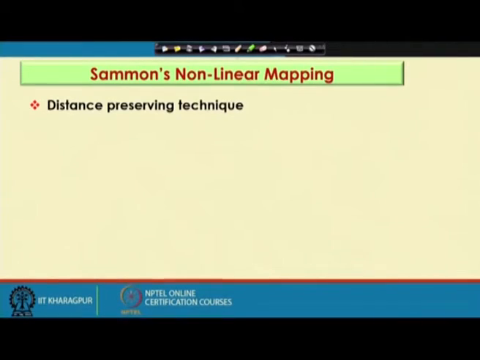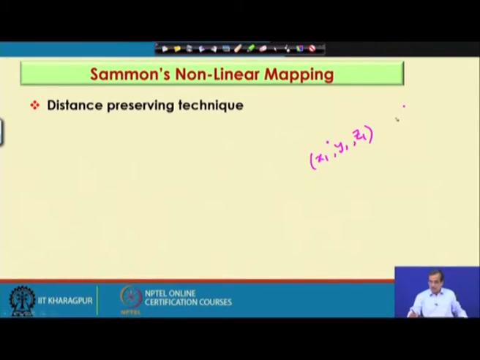I want to determine the Euclidean distance between the first point and the second point. For the first point, the coordinate is x1, y1, z1 in 3D space, and for the second point, the coordinate is x2, y2, z2.